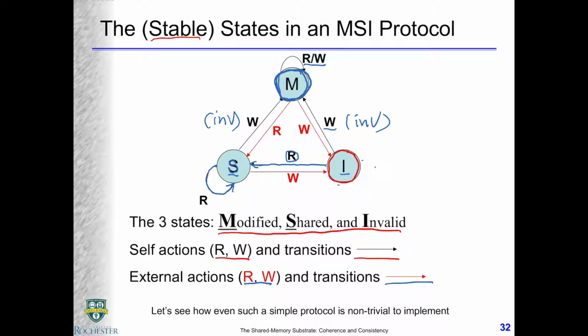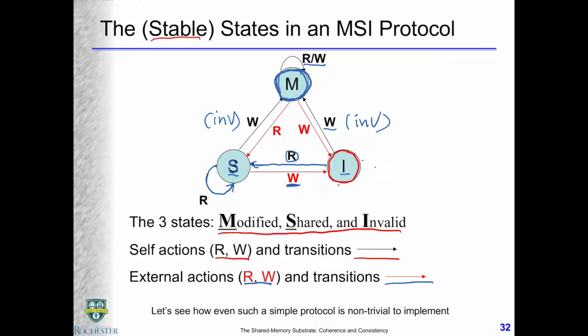Conversely, if you are sending the invalidation, so if you're writing, what about someone else who has a copy in its cache? And that's where this red W comes in.